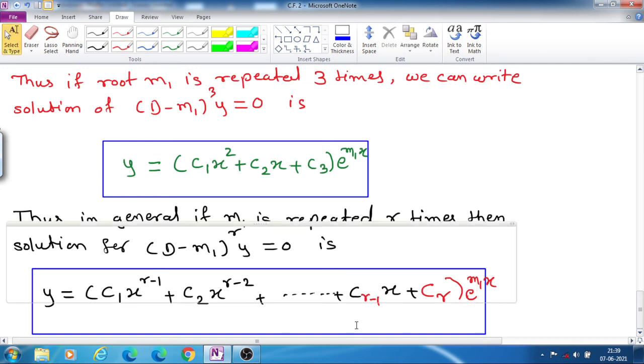So this is the formula for repeated roots. So we stop here.